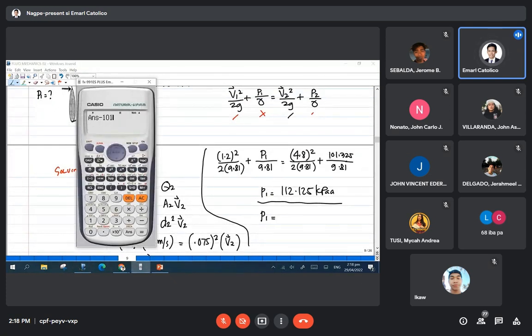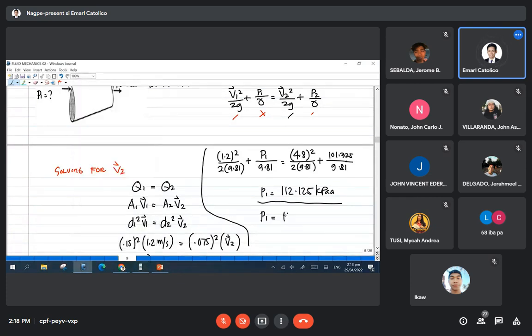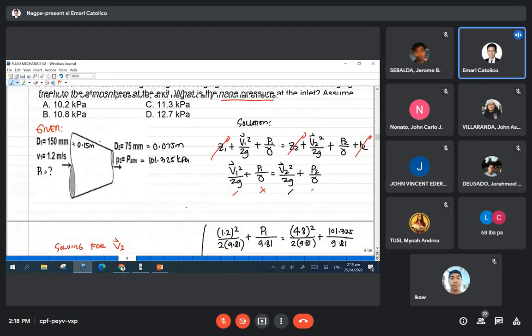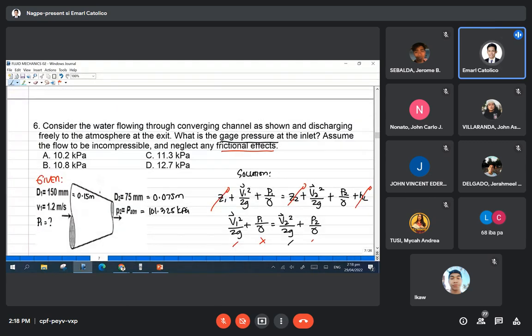Minus 101.325. Therefore, kaya mo na, 10.8 kilopascal gauge. So, yan yung sagot natin sa number 6. So, letter D.